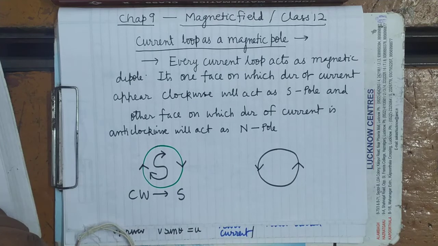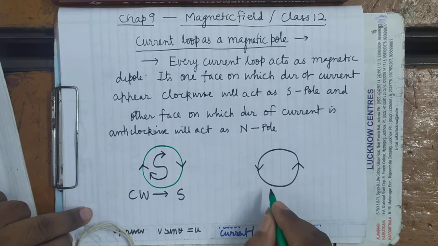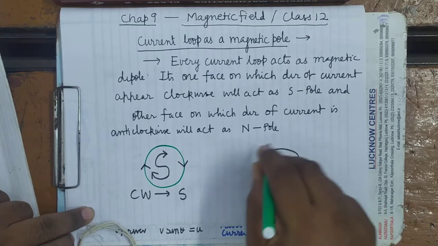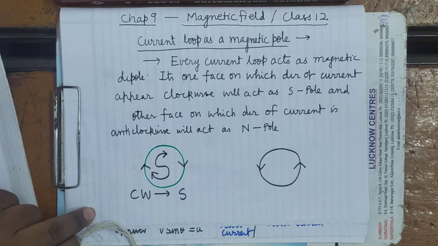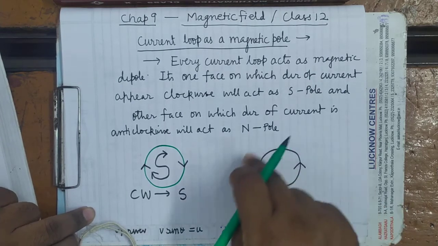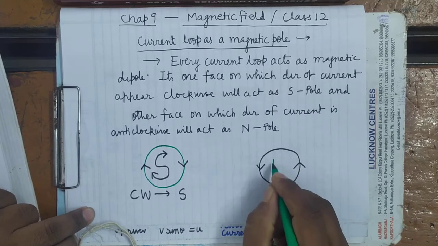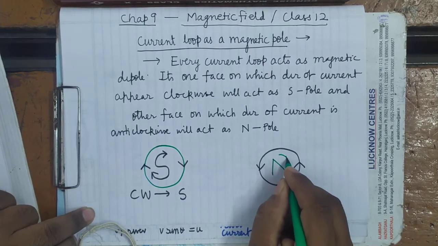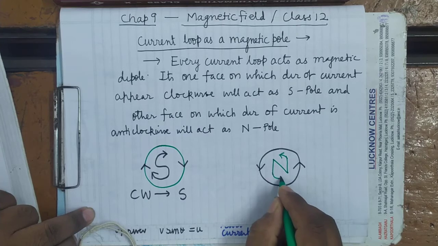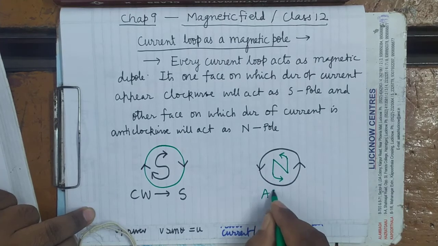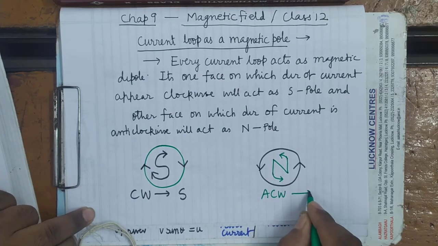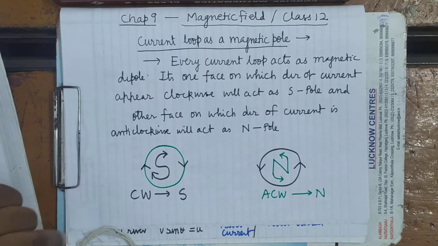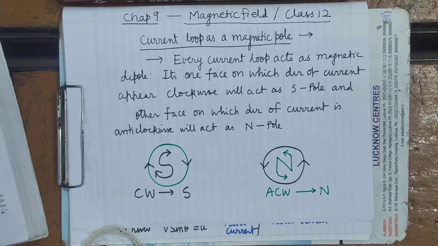And if it appears anti-clockwise, it is opposite to the direction in which the needle of a clock moves. So it is anti-clockwise, and here there will be the north polarity.